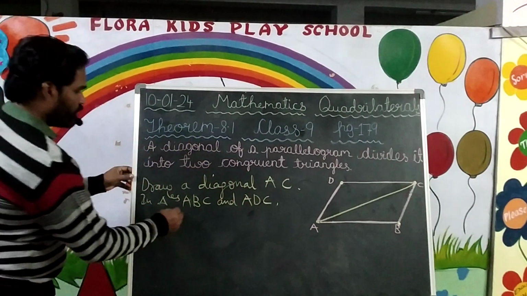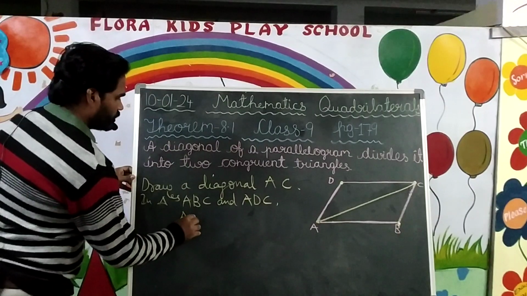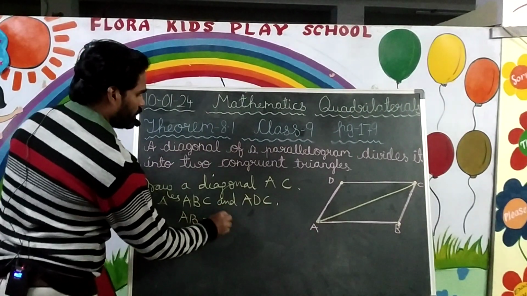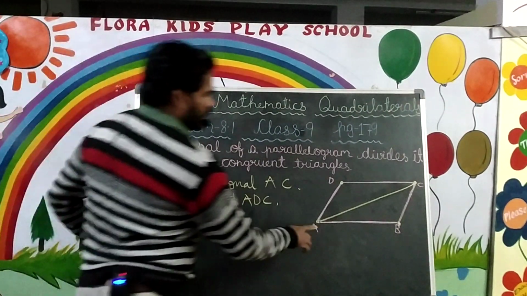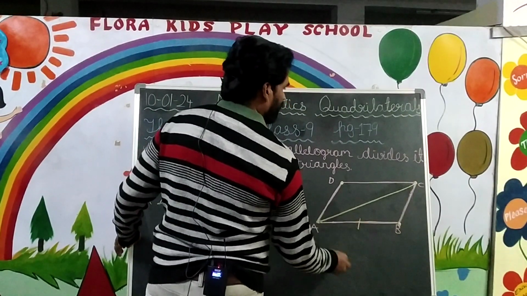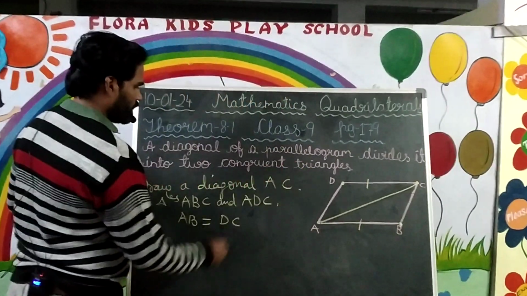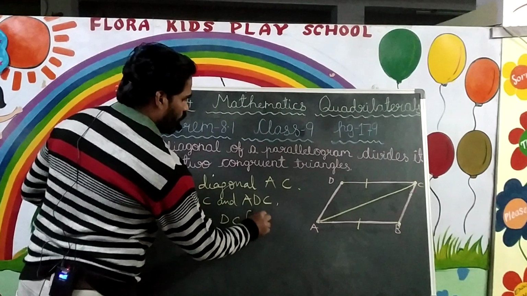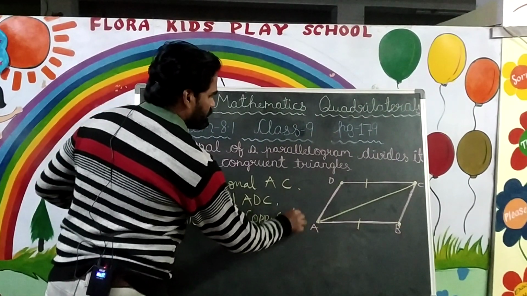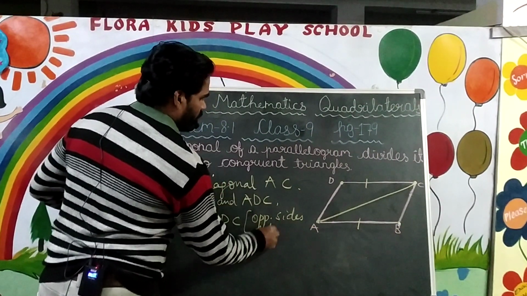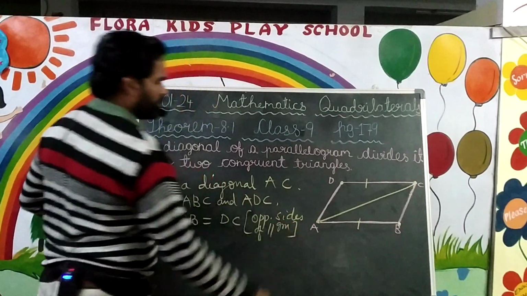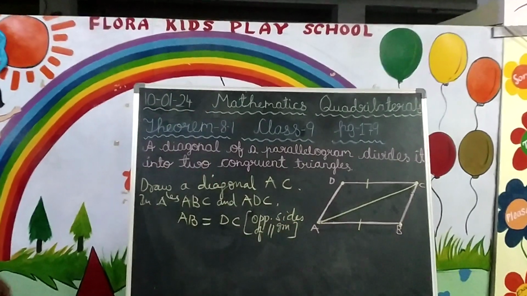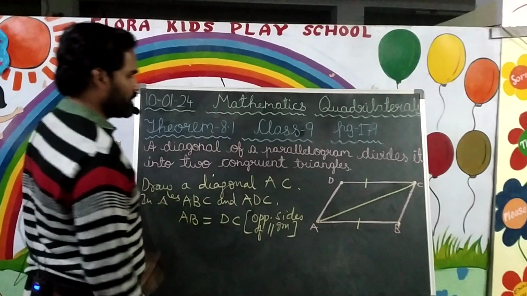You need to select sides as well as angles. First of all, we will take AB equal to DC. The side AB and the side DC are equal because they are opposite sides of a parallelogram. Remember, by property, opposite sides of a parallelogram are equal. That's the first thing.